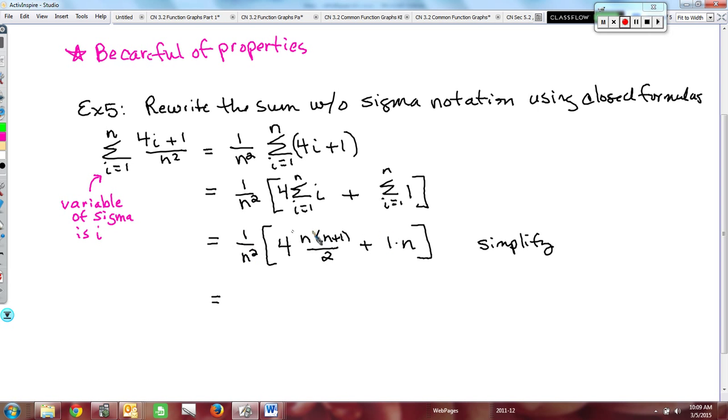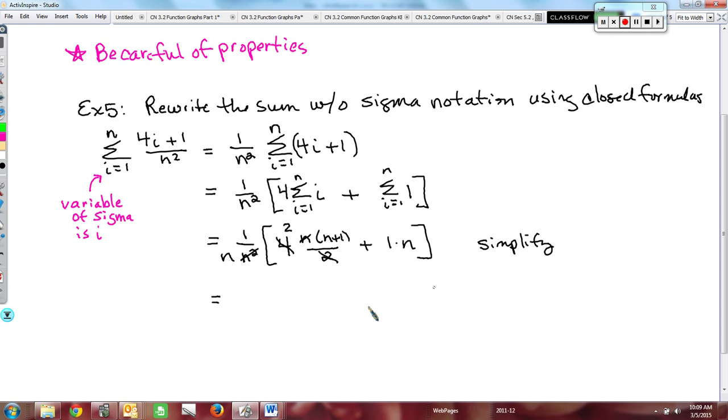So I'm going to go ahead and distribute this n squared through. We can cancel some things to make it easier. Like we'll see that the 4 and this 2 will go away, and that will leave me with a 2 here. I can cancel the n squared and leave an n.